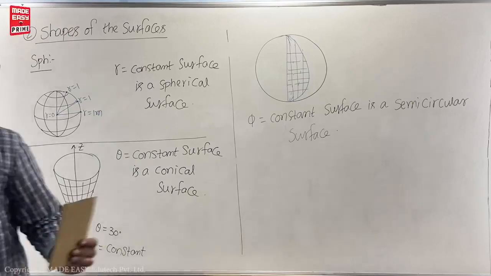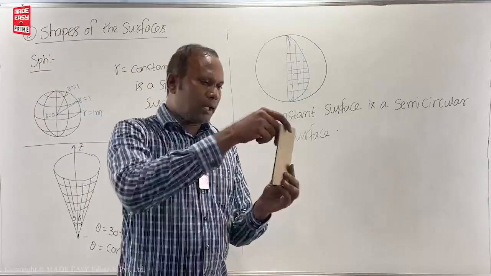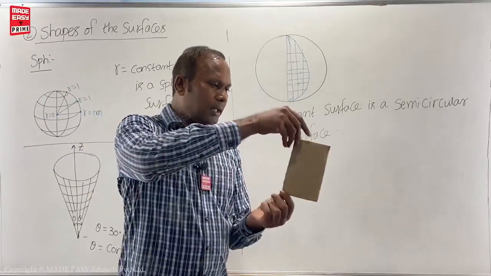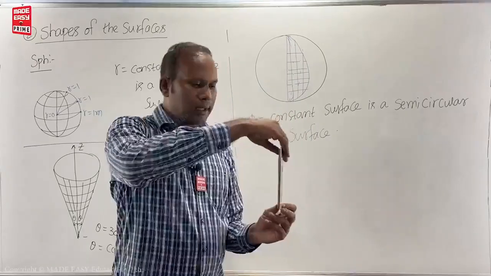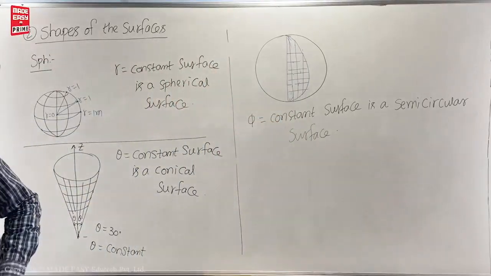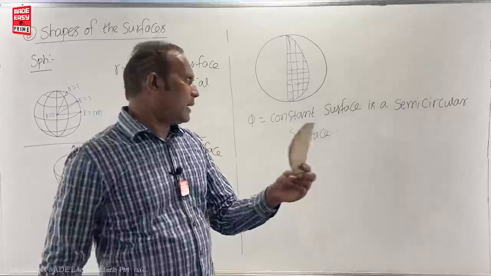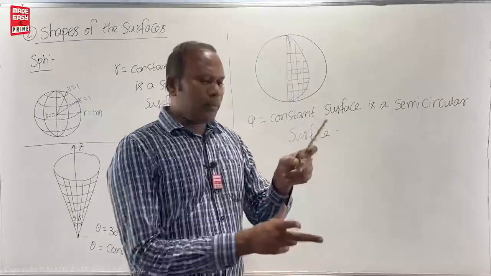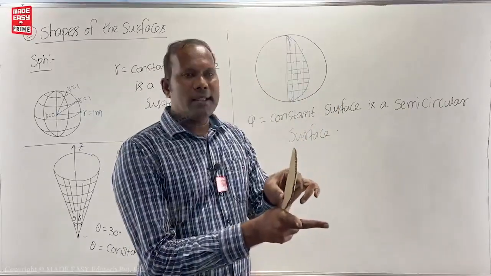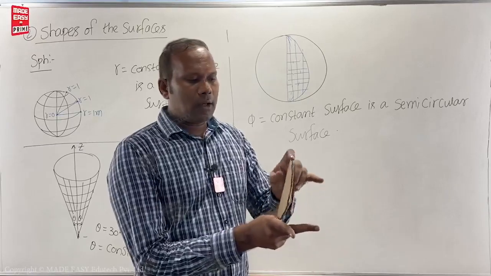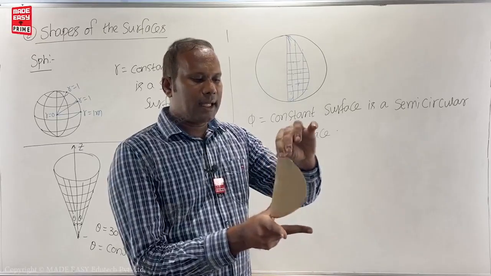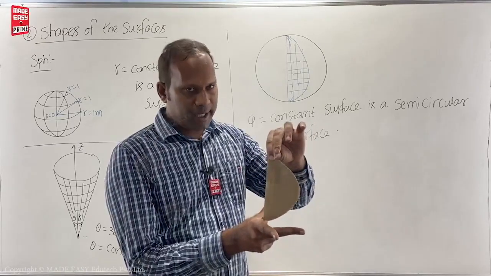I will show you like this. If you take a rectangular surface and rotate horizontally, then you get a cylinder. Now, if you take a semicircular surface like this and put on the x-axis, then horizontal angle is 0. Then rotate 90 degrees, then you get 1/4 of the sphere.